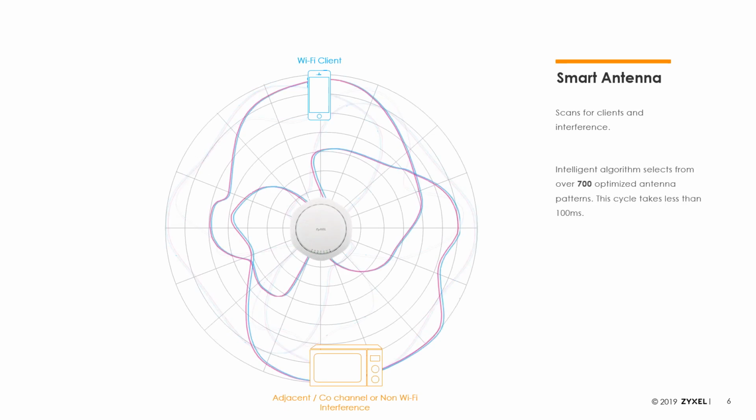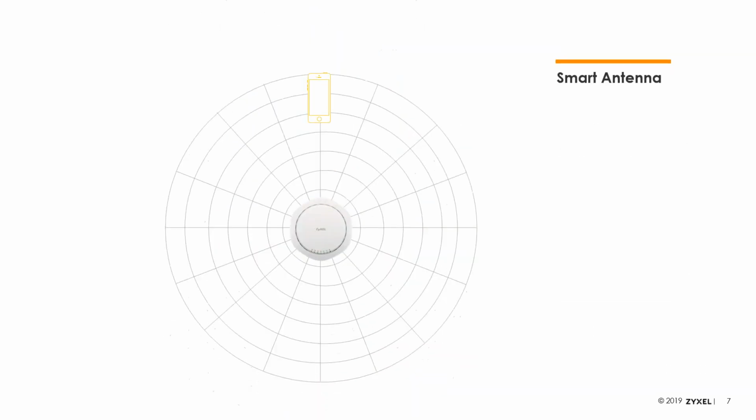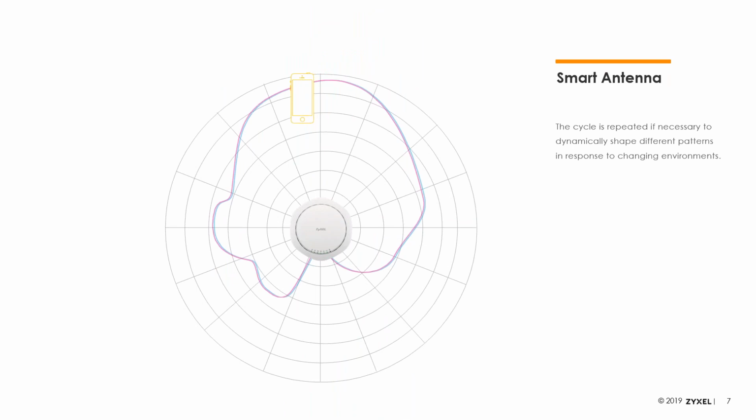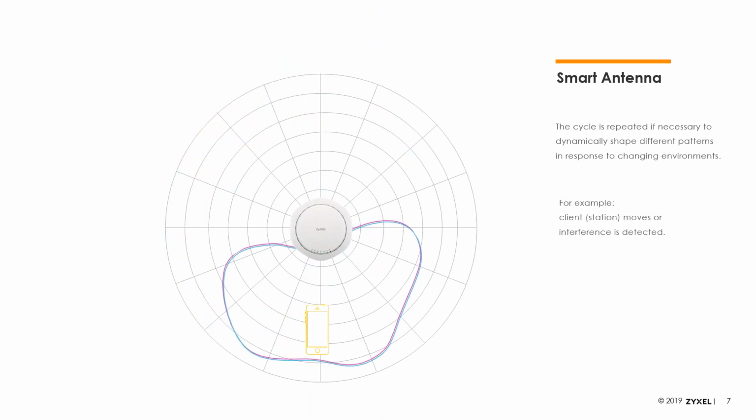So it automatically allocates an antenna pattern to each and every device connected to that AP. And also trying to avoid interference, which is symbolized by a microwave in this slide. And it is also able to keep up when the client starts moving. So it is constantly able to adjust that antenna pattern according to that certain client.